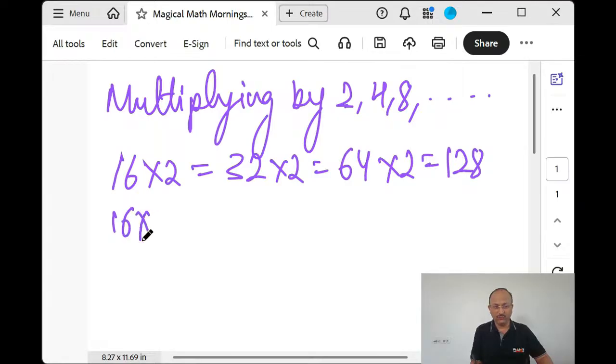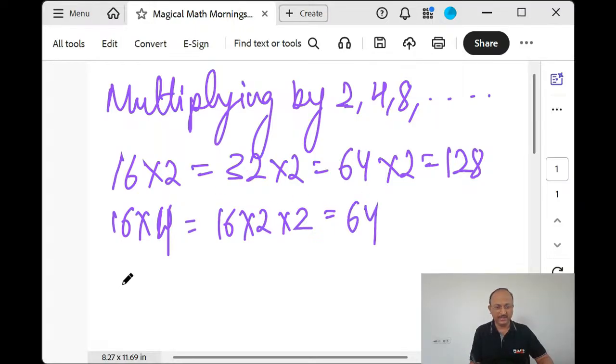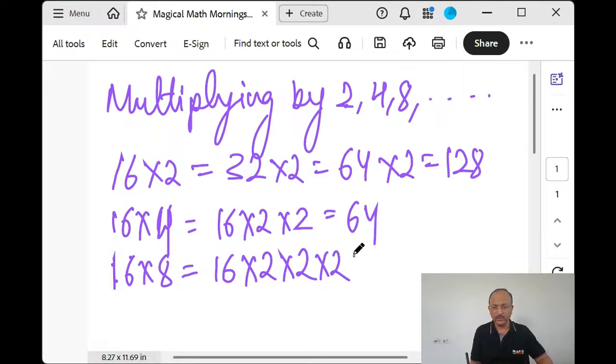Suppose 16 times 4, how do you do it? 16 times 2 times 2, correct? 16 doubled is 32, 32 doubled is 64. But if you want to multiply 16 times 8, it takes 16 times 2 times 2 times 2.